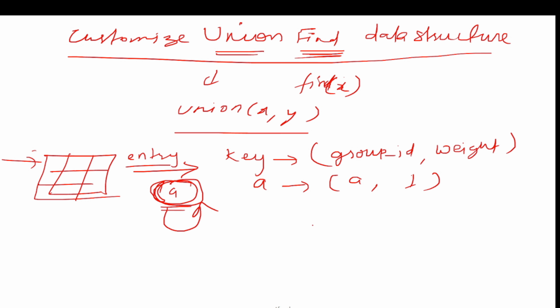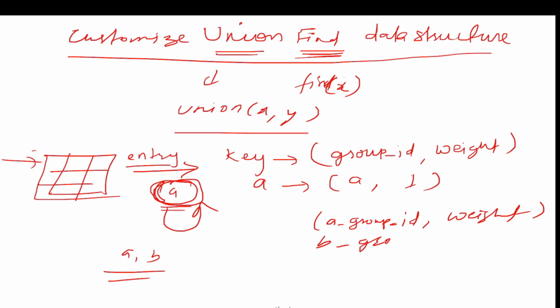Let's suppose we are given two nodes, variables a and b. In that case we have the entries a_group_id and weight, and b_group_id and weight. When only one node is there, we write a.